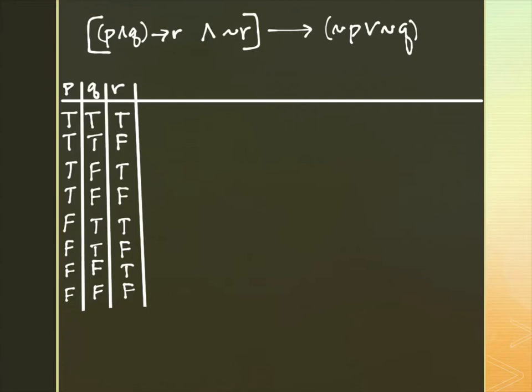Okay, cool. So looking from the left to the right, inside and moving out, the first thing that we see we need a column header for is what? P and Q, and I'll call it column 1. And then what am I supposed to do?